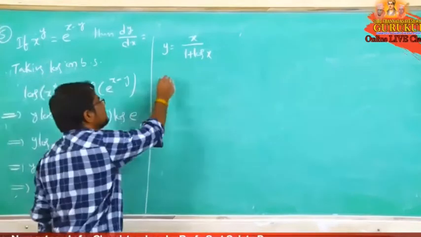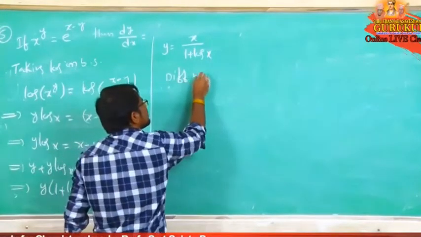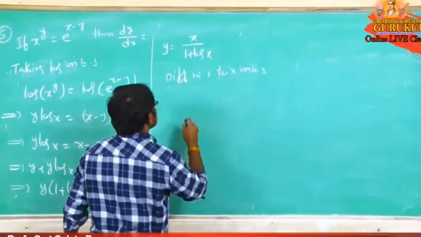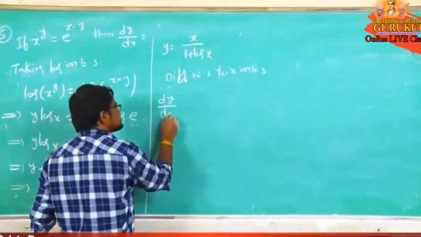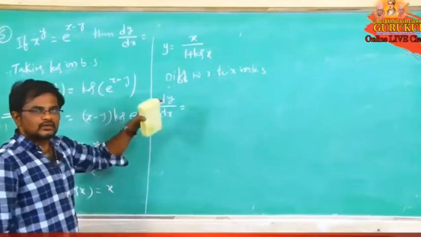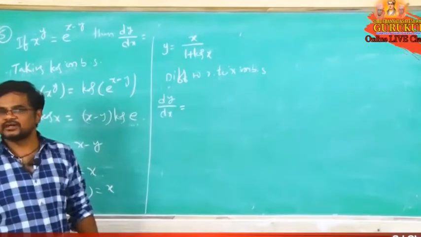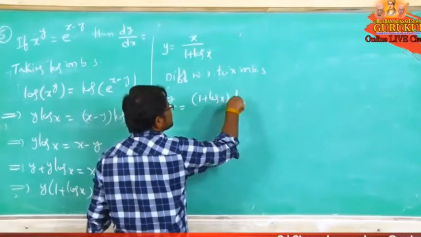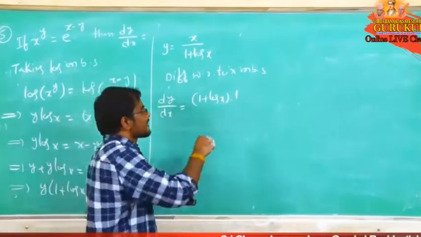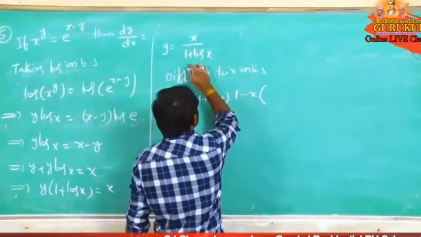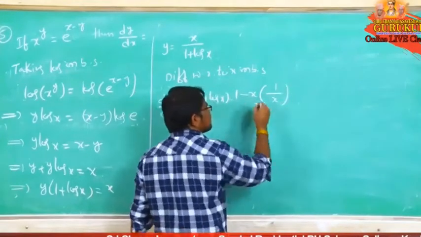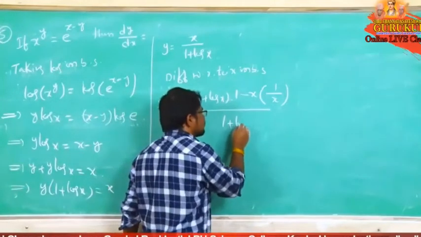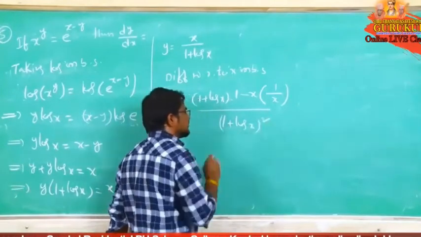Differentiating with respect to x on both the sides, dy by dx equal to, we have to apply the quotient rule, the u by v formula. 1 plus log x into differentiation of x, which is 1, minus x into differentiation of 1 plus log x, which is 1 by x, whole divided by the denominator 1 plus log x whole square.